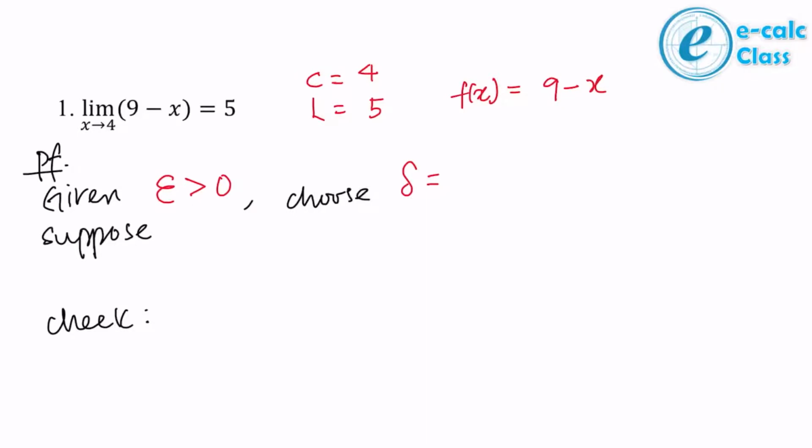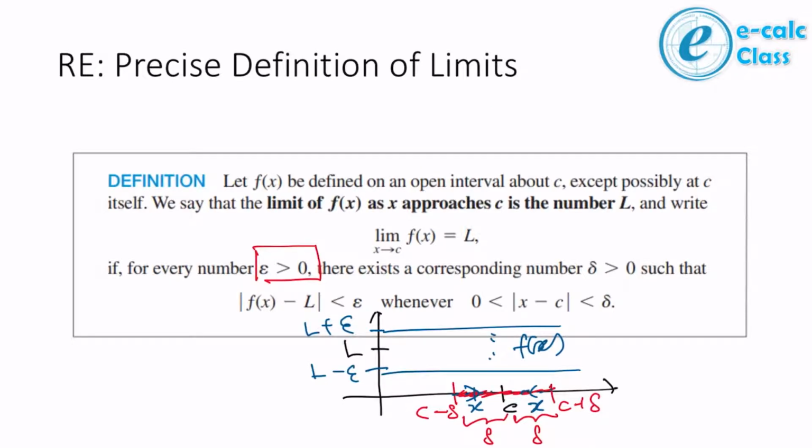Suppose what? As you can see from here, we actually have 2 parts. Suppose that your x is within c plus delta and c minus delta, which means suppose your absolute value of x minus c is in between 0 and delta.